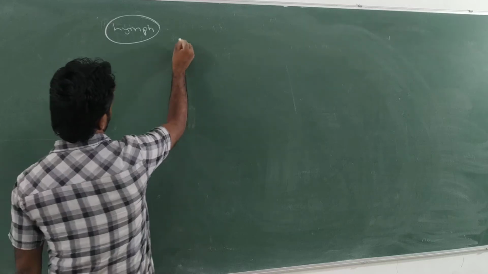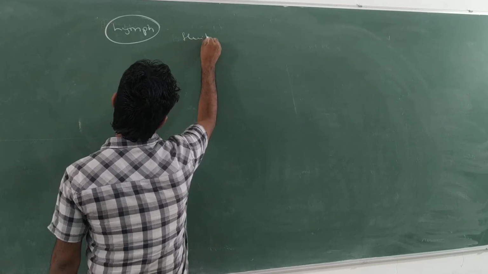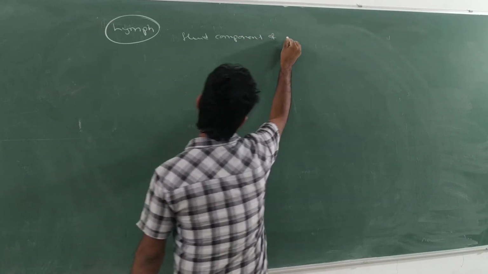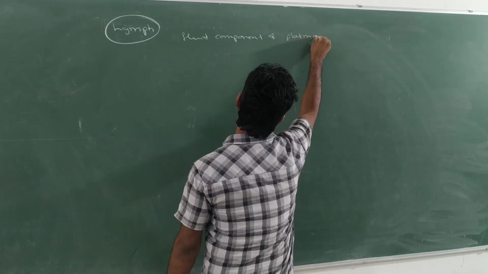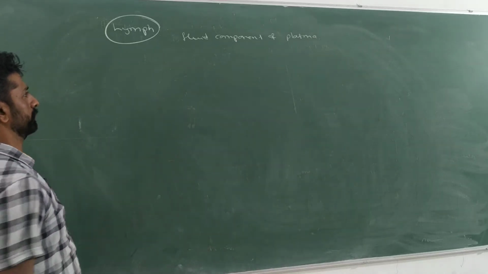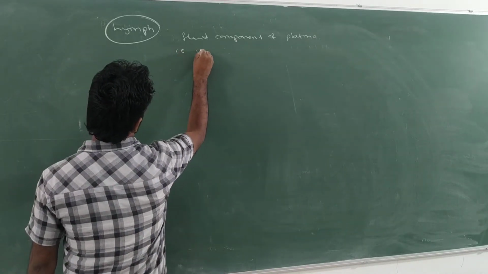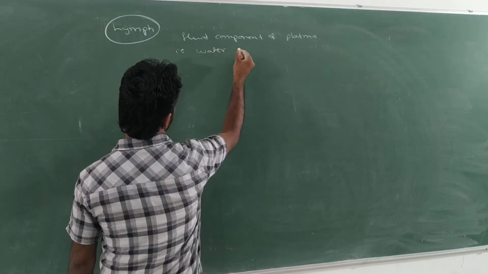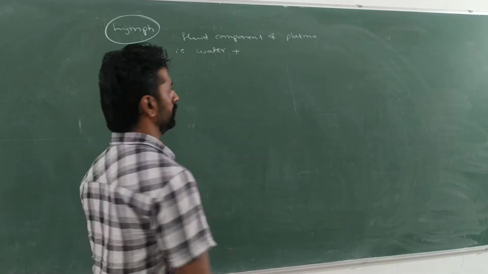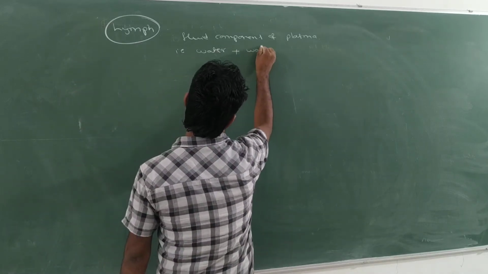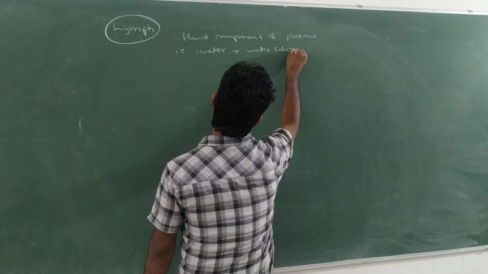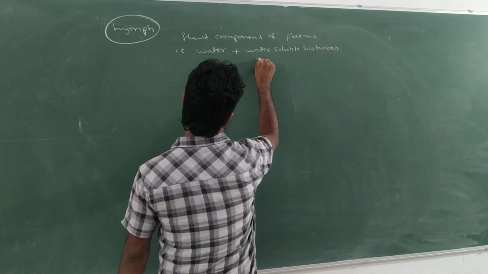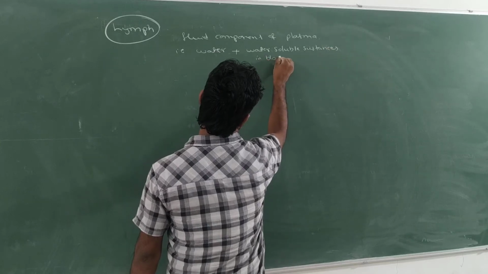So lymph means here, see, the fluid component of plasma. What is that fluid component of the plasma? That is water. Water is present in the plasma, right? Yes, along with the water soluble substances in the blood.